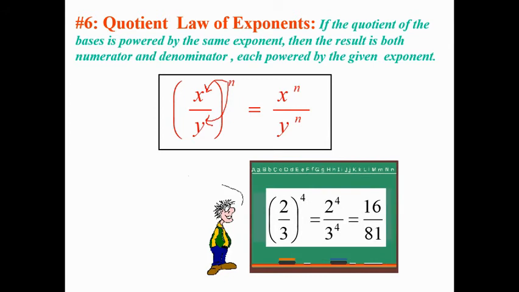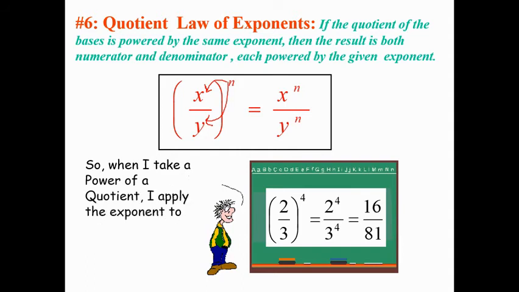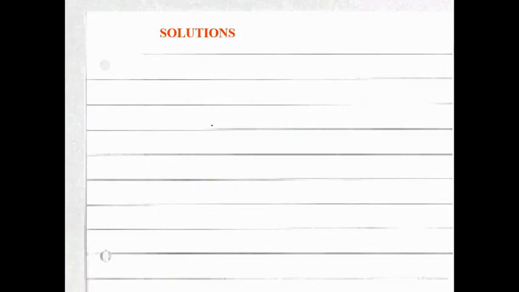Let's take a look at what this means. Notice how you get 2 to the fourth divided by 3 to the fourth. So the exponent of 4 is distributed to both the 2 and the 3. So when you take a power of a quotient, you apply the exponent to all the parts of the quotient.